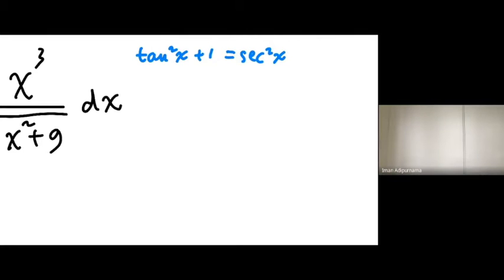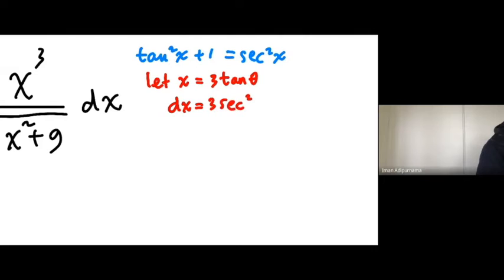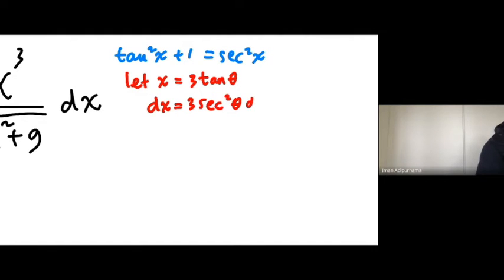So let's change the x. Let x equal 3 tangent theta, and dx will be 3 secant squared theta d theta.